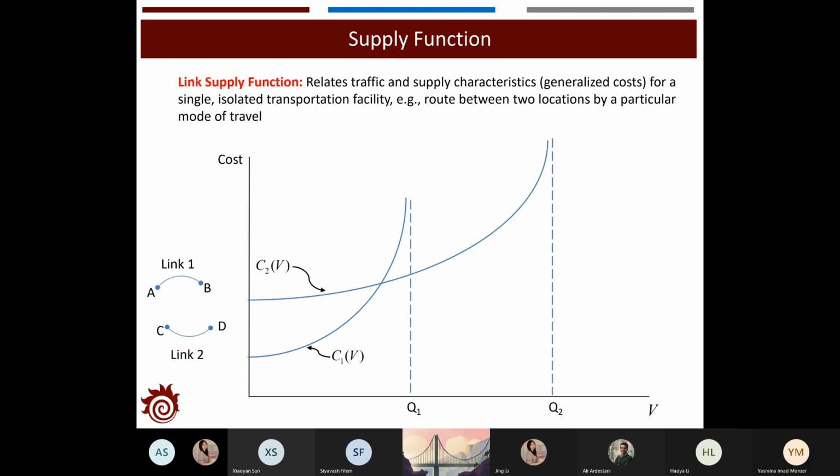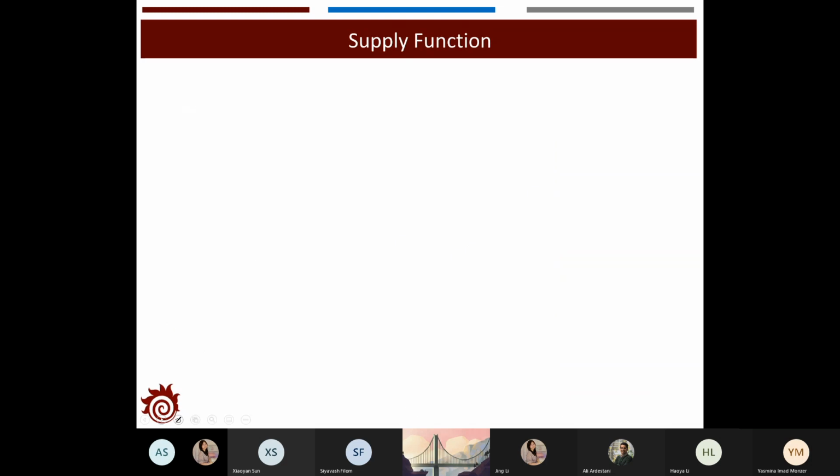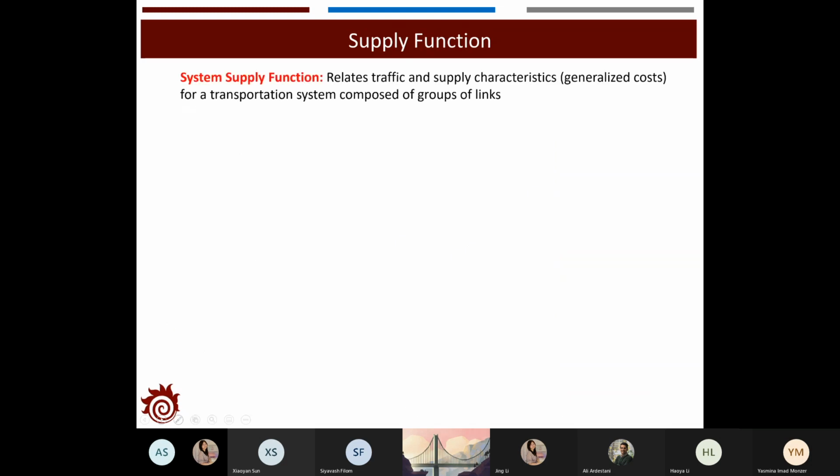We first need to identify the cost function of each link, which will be shown as C1(V), C2(V), C3(V), C4(V), and so on. Later on, we will see what happens if they connect together.